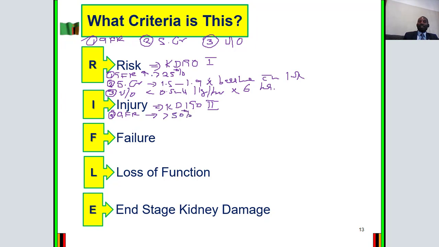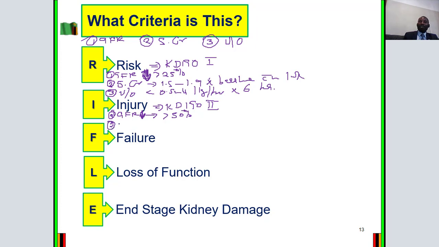Rather, it will decrease, sorry. Number 1, instead of increasing, the glomerular filtration rate actually decreases by more than 25%. Then under stage 2, it decreases by more than 50%.